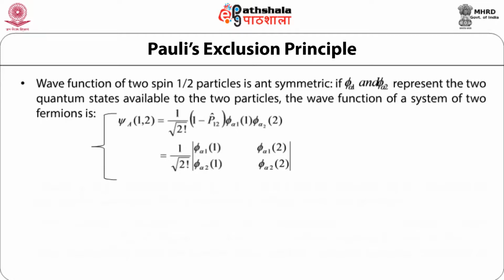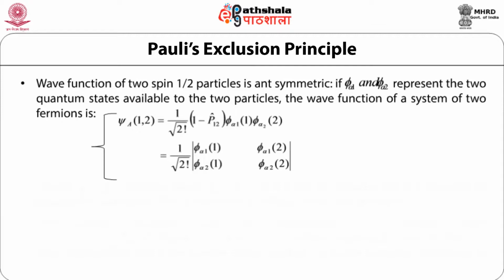So, if the wave functions phi_alpha1 and phi_alpha2 represent the two quantum states that are available to these two fermions having spin half, then the wave function of the system of these two fermions can be written as the antisymmetric wave function psi_A(1,2) equal to 1 upon square root of 2 factorial times (1 minus permutation operator P12) times phi_alpha1(1) phi_alpha2(2).